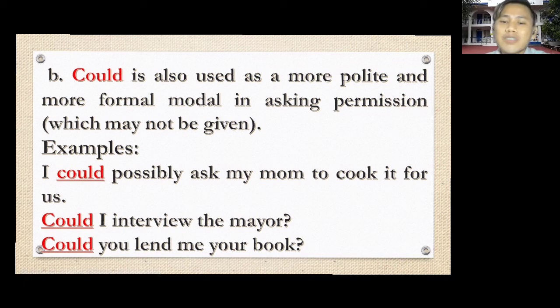Okay, so next is, could you lend me your book? All right, so here the speaker is asking someone if they could lend him a book, or not. So there is actually a possibility.